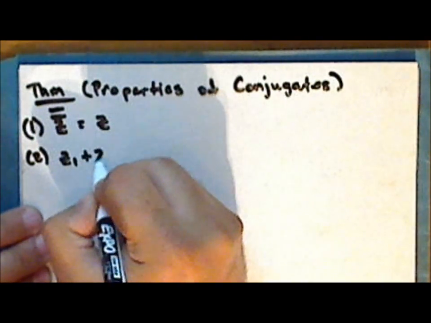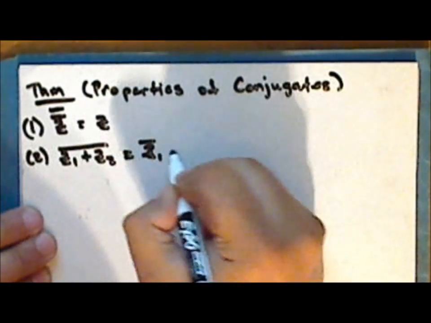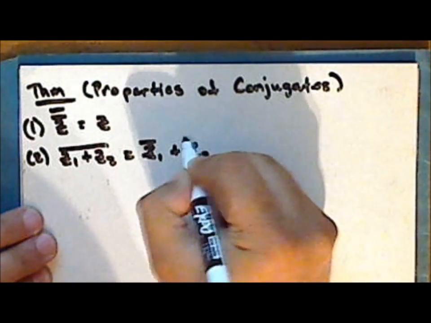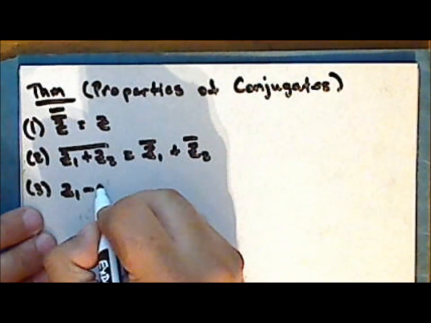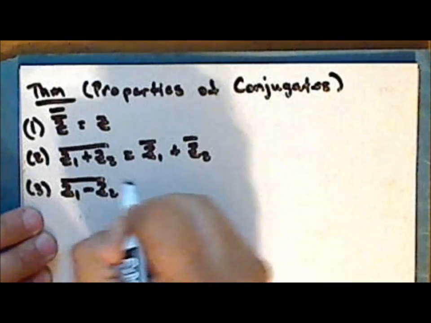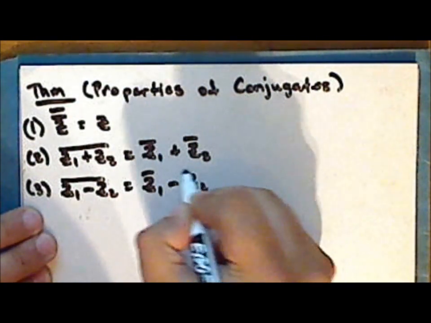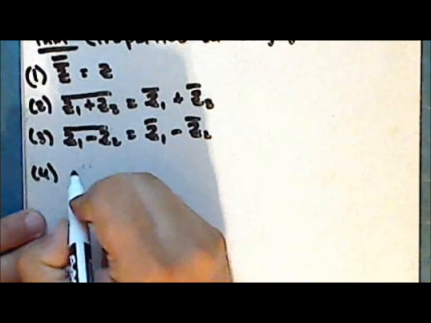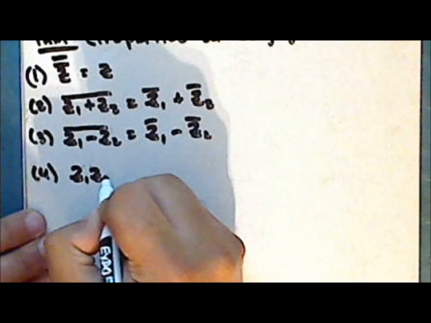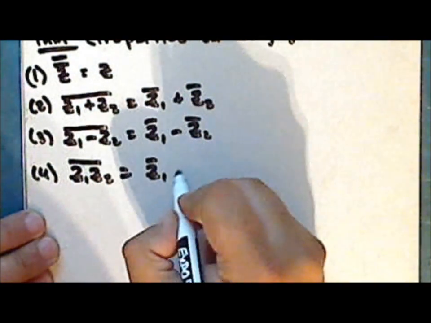The conjugate of a sum is the sum of conjugates. The conjugate of a difference is the difference of conjugates.